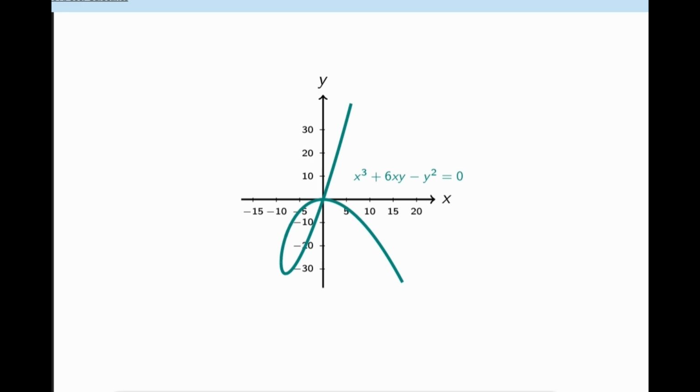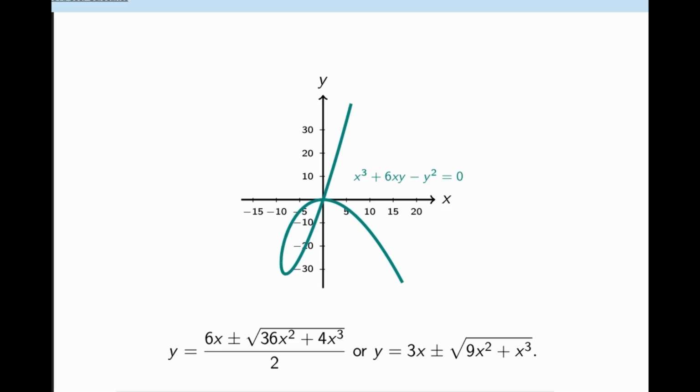This relation can be solved for y equal to 6x plus minus square root of 36x squared plus 4x cubed, the quantity over 2. Or, after simplification, y equal to 3x plus minus square root of 9x squared plus x cubed.